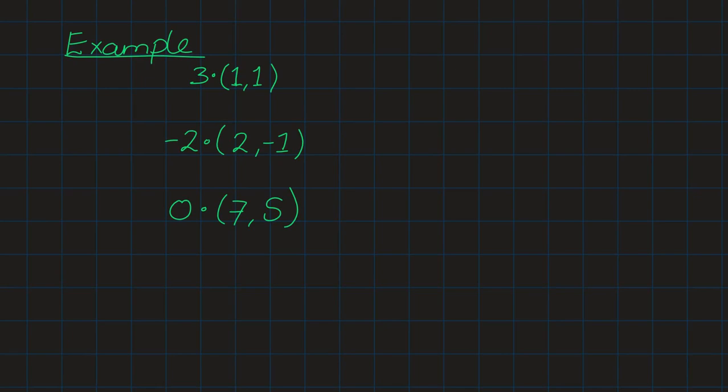And we can do some examples. So 3 dot 1 comma 1. Well, this is 3 times 1 comma 3 times 1, which is 3 comma 3. You don't need to write this step out when you're doing this, but since this is our first time, I'm going to go slowly.